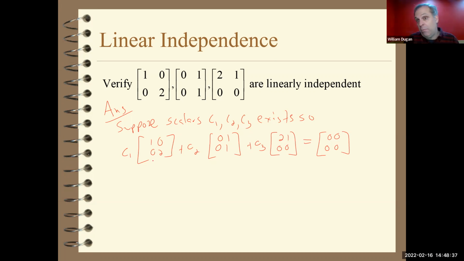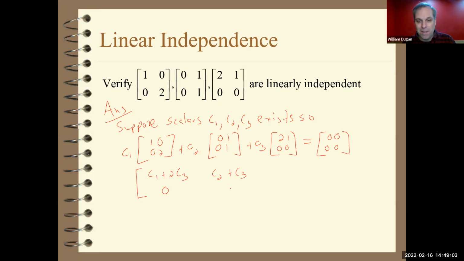So exactly the same thing as before. I have a matrix equals a matrix, so the corresponding entries have to be equal. On the left-hand side, just multiply everything out and add it all up. Then the first entry is C1 plus 2C3. First row, second column, that would be C2 plus C3. Second row, first column, that's just zero right away.